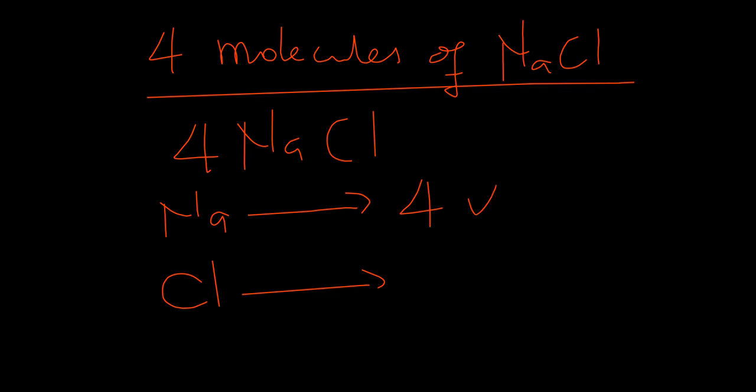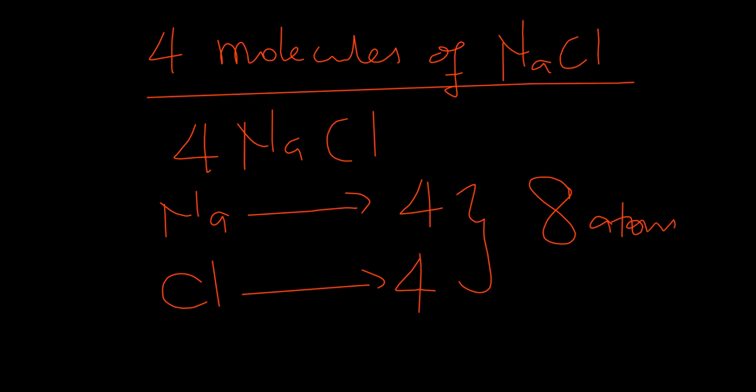Then what about chlorine? In sodium chloride, we have just 1 atom of chlorine, but because of the coefficient of 4, it will mean that we would have 4 atoms of chlorine. So in all, the total number of atoms in 4 molecules of sodium chloride will be 8 atoms. So I believe you understand what atomicity is.